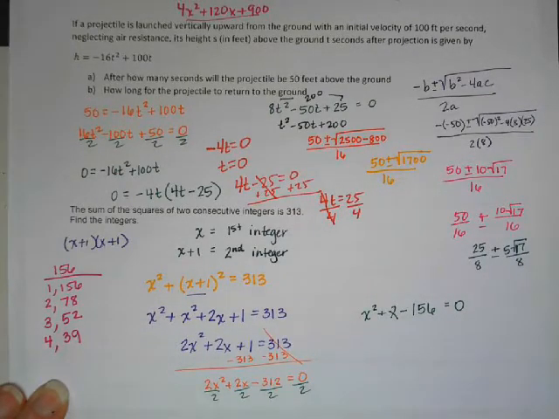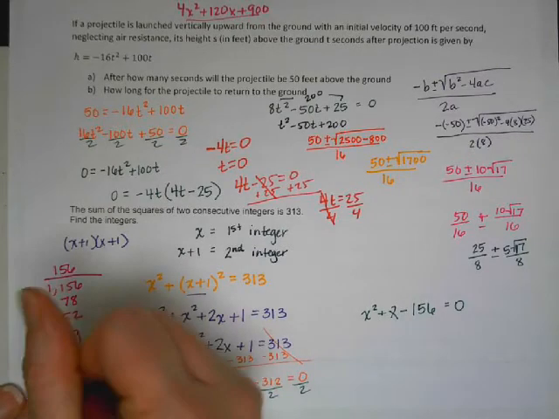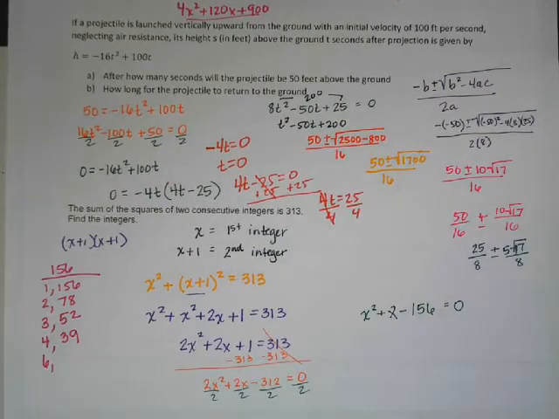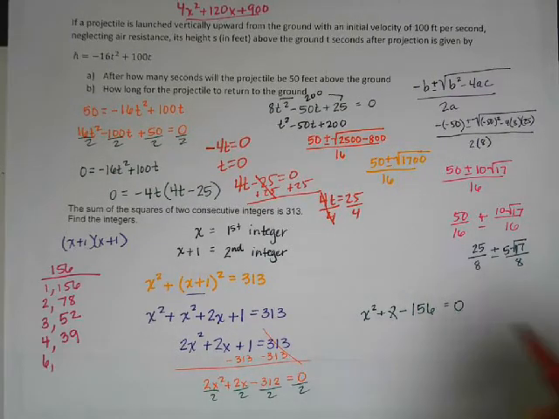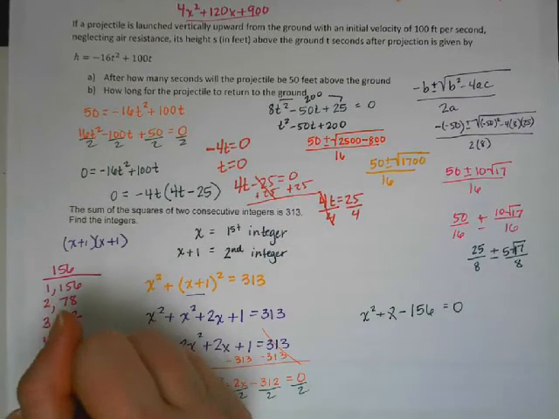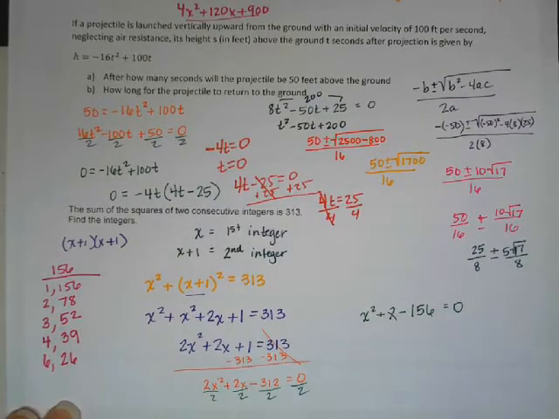Does 6 go in? Yes. Do you know what 6 goes into 156? 26 times. Do you know how to divide? I was just guessing. That was like the worst idea.